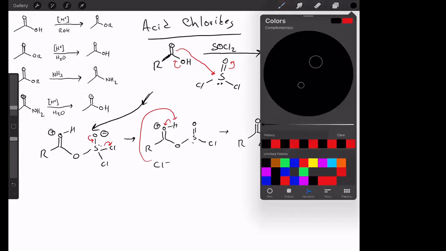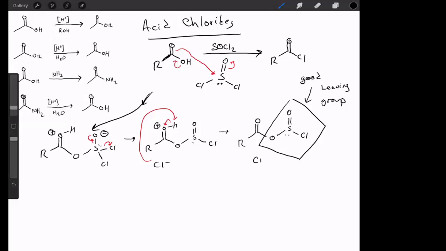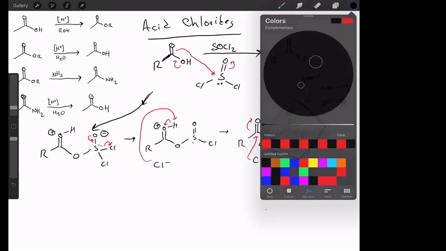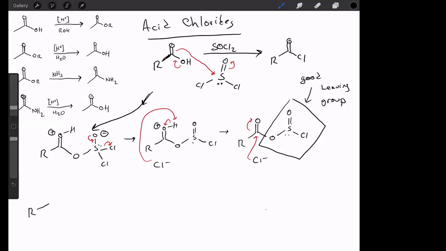And if there is another chloride ion in the solution, it can react with this species catalytically and form a tetrahedral intermediate. So now we're into our standard nucleophilic acyl substitution mechanism. Now I'm reversing this just for simplicity of drawing. Now it's pointing down.